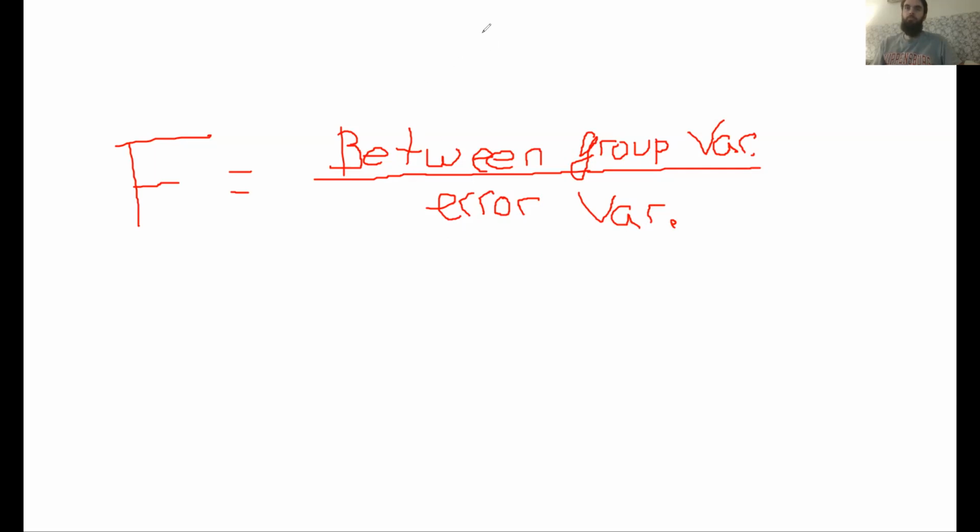Now, for the most part, this error variance is very much like what we've seen before. It is variance that is due to chance. Right? So error variance is variance that is due to chance.